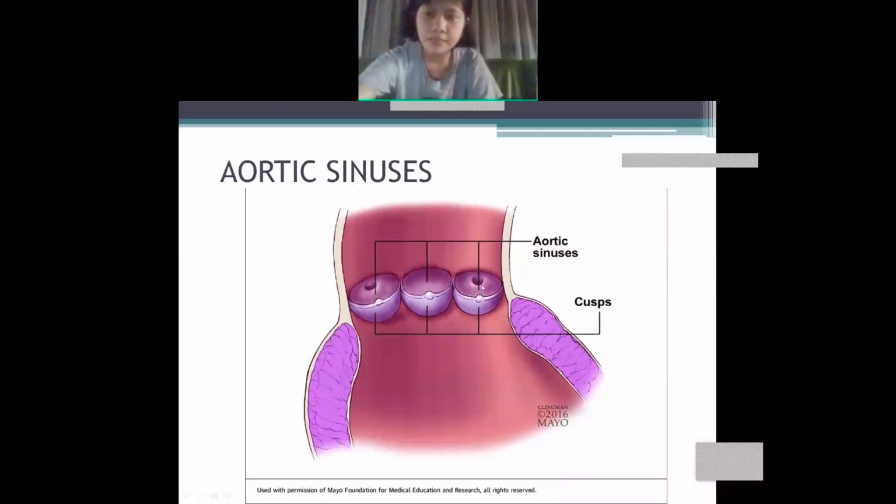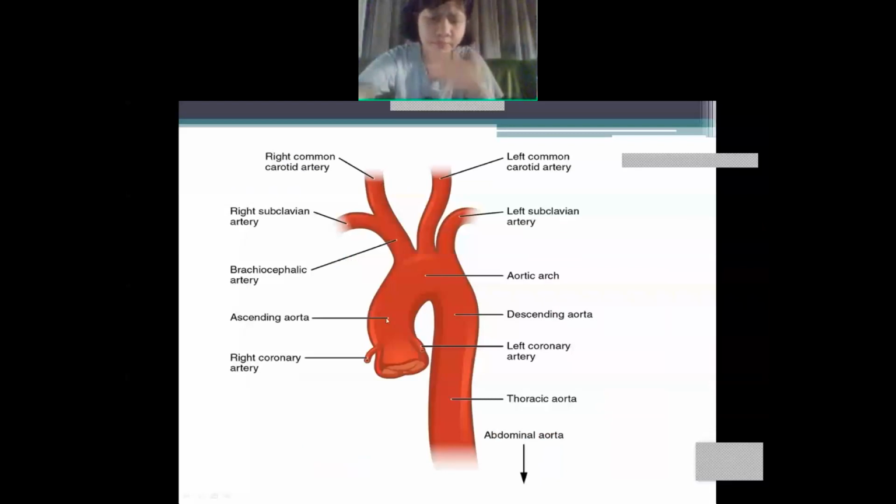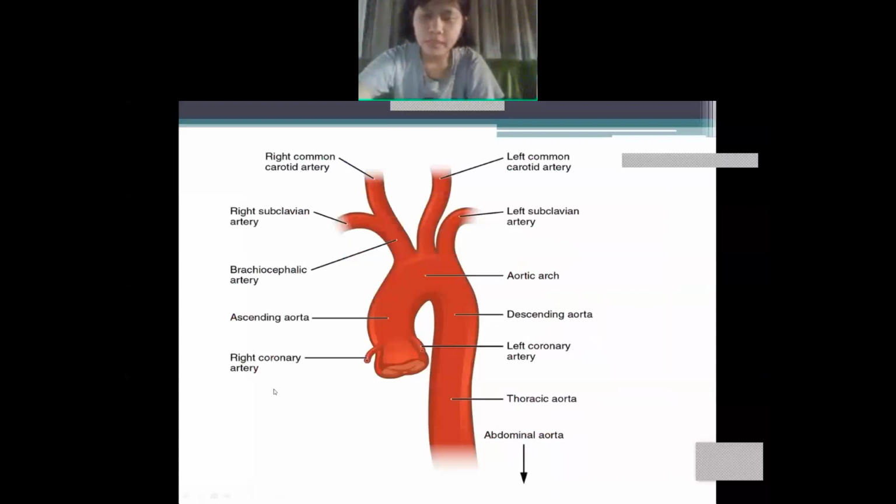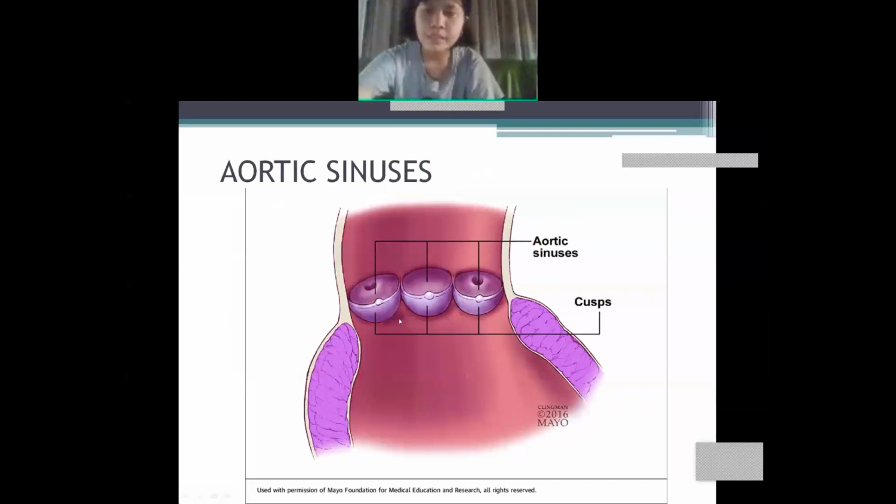Here, in this ascending aorta. If we look closer, you will find these aortic sinuses, one, two, three. There are three dilatations, and they are 5 centimeters long.